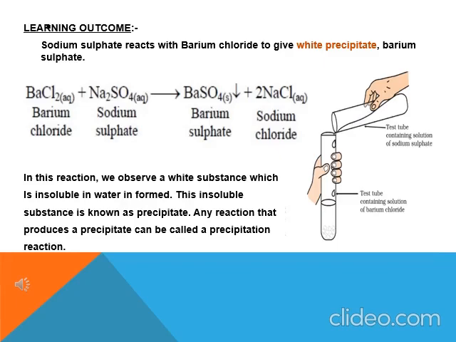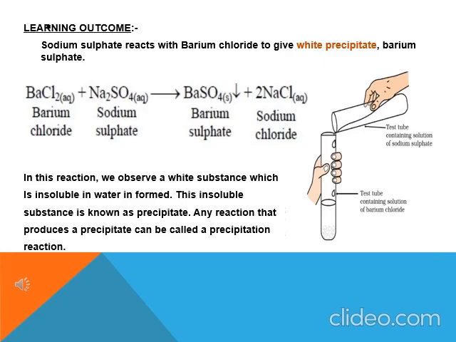So the cation of the first compound, barium, displaces sodium, since sodium is less reactive and is displaced by barium.